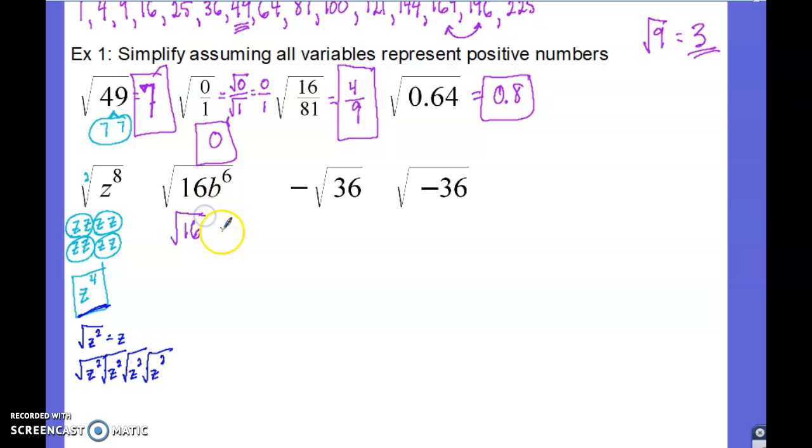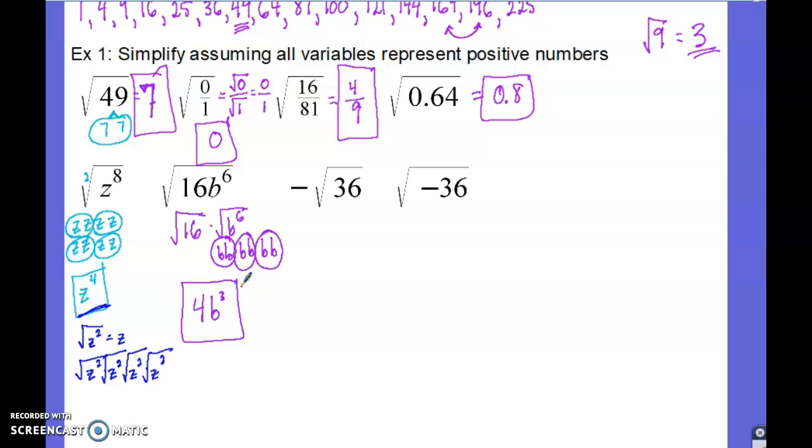So in the same manner, we can rewrite this as the square root of 16 times the square root of b to the 6, which I hope all of you would look at the square root of 16 and say, okay, my answer is 4 from that. And if you like my way of explaining it, of rewriting b to the 6 as b times b times b times b times b times b, and look for pairs, well, you have 3 pairs, so it's b to the 3rd power.